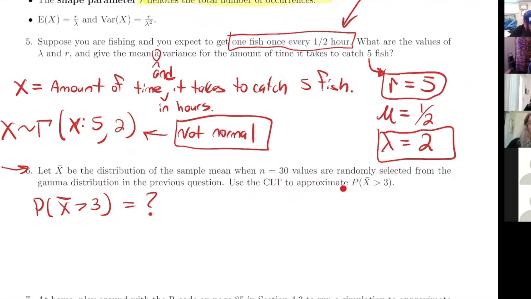They calculate how long it took them to catch 5 fish. And now we calculate the probability that the average of those times was longer than 3 minutes. Or sorry, we're dealing with hours, so I should be consistent: longer than 3 hours.